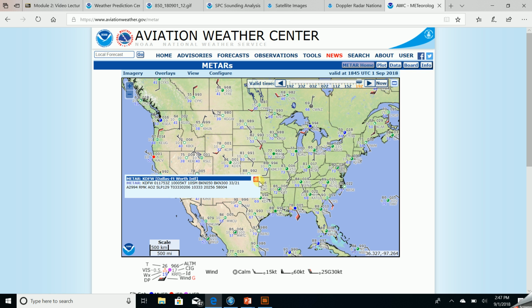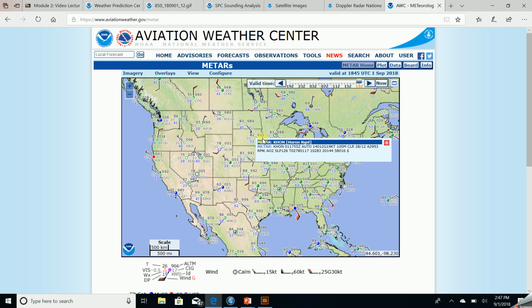You can go all around here. If I want to look at another site, a little bit stronger winds, maybe not. But yeah, we got a little bit better here. You'll see the wind direction is 140, so it's southeast, 12 knots, and there's a gust. The gust is the highest speed that occurred within a 10-minute range of when this observation was taken.